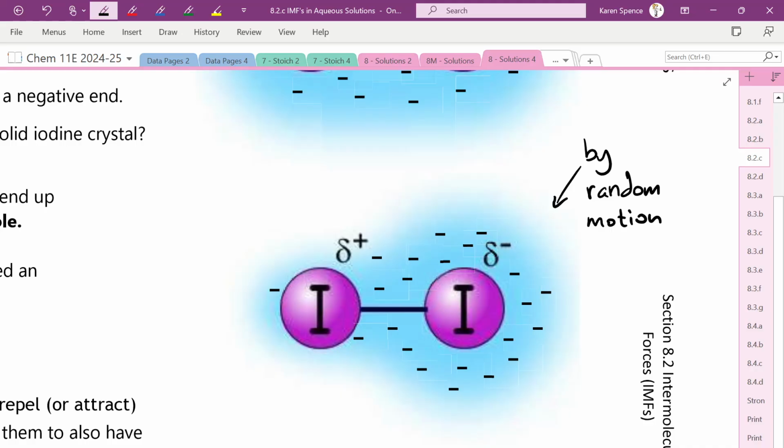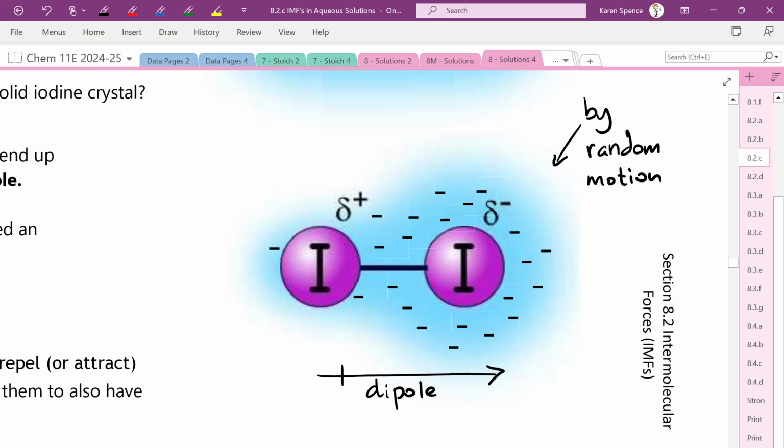Or most of them anyway. And guess what that creates? That creates a dipole. But this is not a permanent dipole. It doesn't stay there forever. So we call it a temporary dipole.